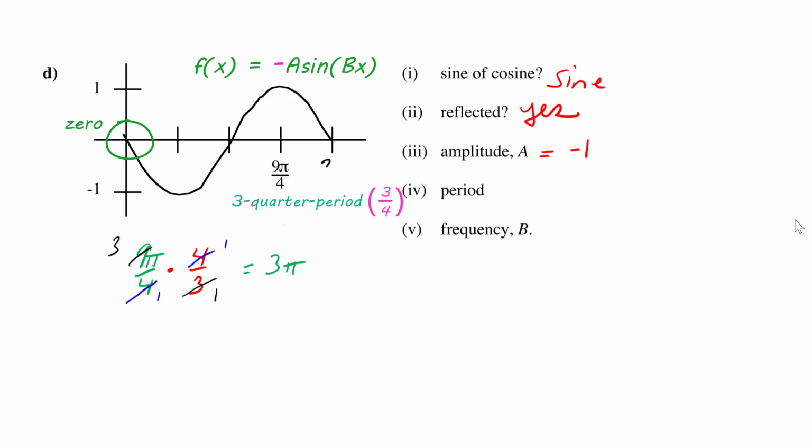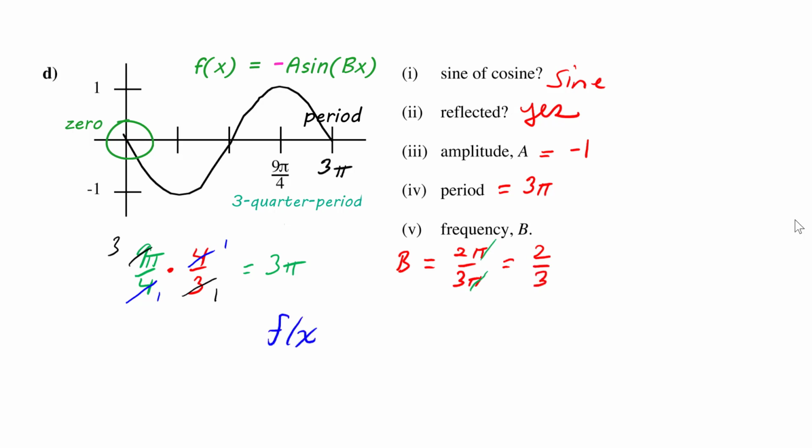So the period is 3 pi, and the frequency, B, is 2 pi divided by 3 pi. Well, that's pretty simple. Divide out the pi's, and we're left with 2/3. So f of x equals a value, -1, or just negative, sine of 2/3 x.